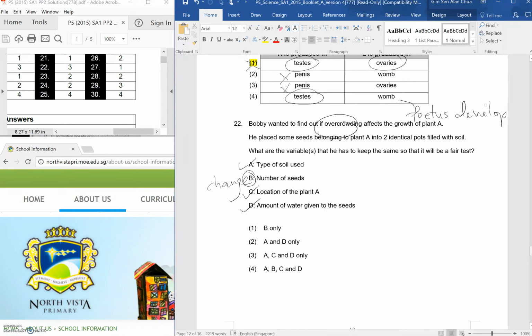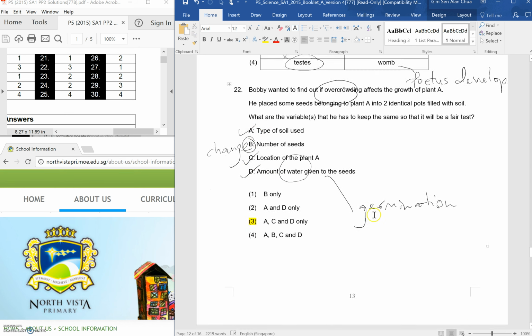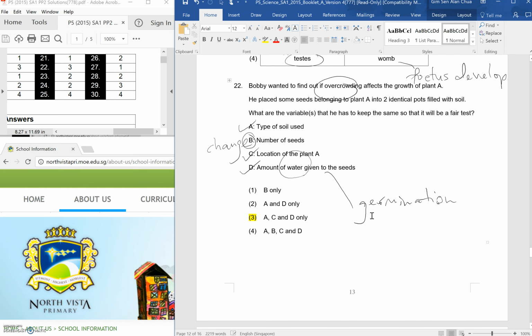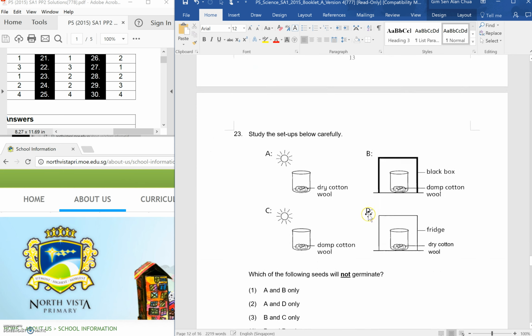In this case the water is for germination, because we are talking about seeds. Water can be used for living when the seeds have germinated, or in this case it's also a component of germination. So answer, keep the same, A, C and D, number 3. Okay, next.